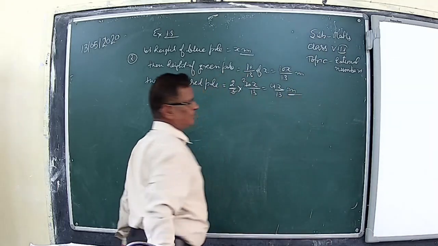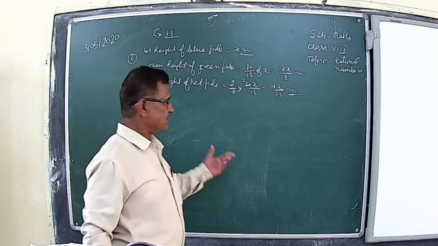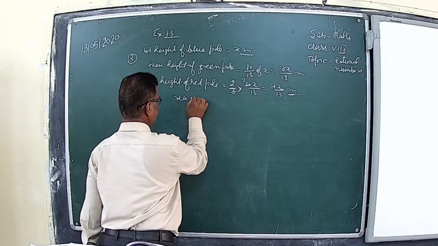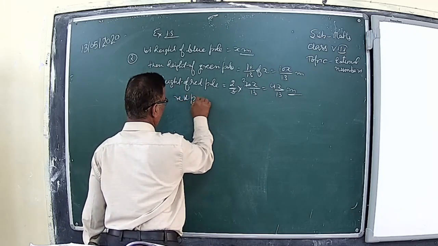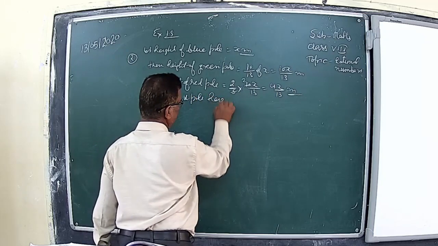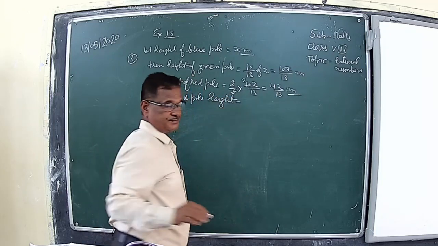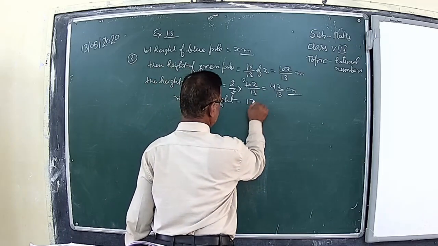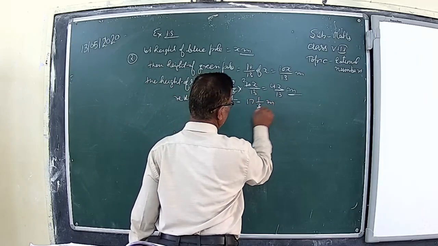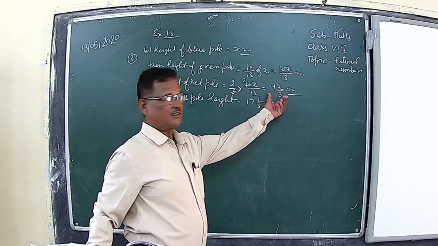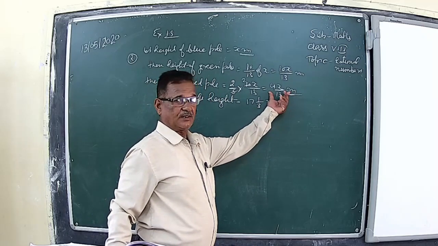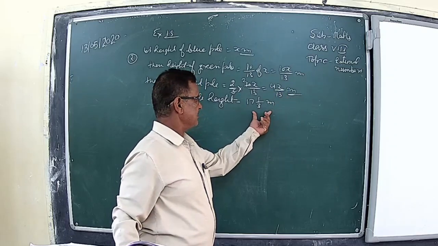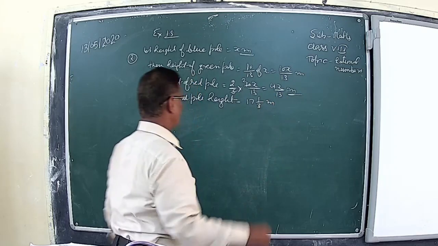This is the height of the red pole, and the given height of the red pole is 17 whole 1 upon 3 meter. By supposition, the height of the red pole is 4x by 13, and that is given as 17 whole 1 upon 3. Both are equal.